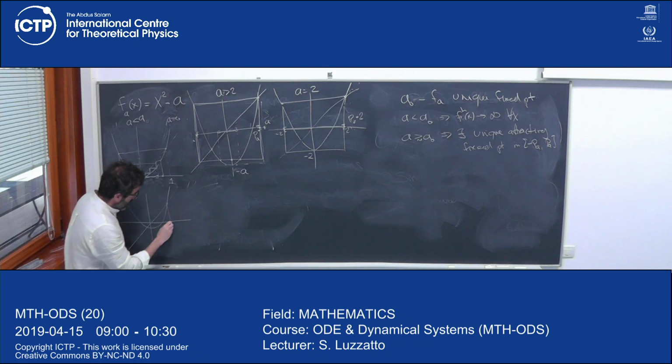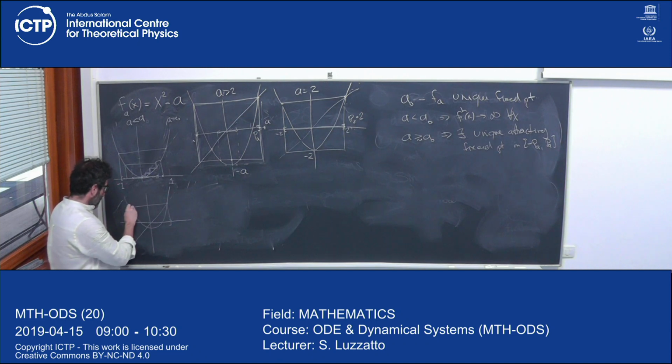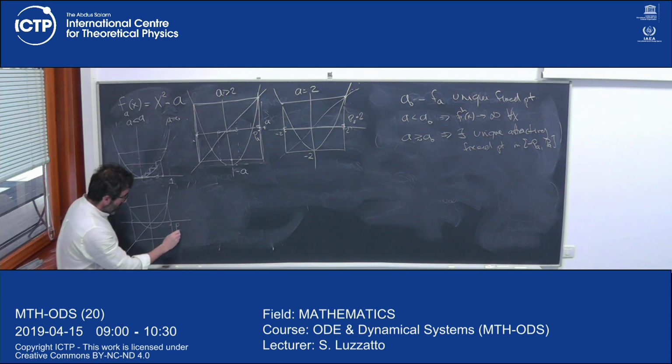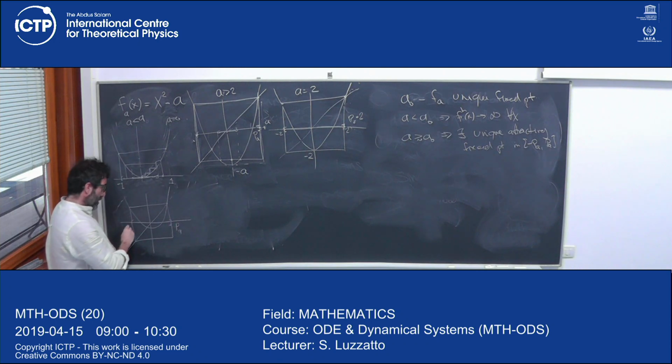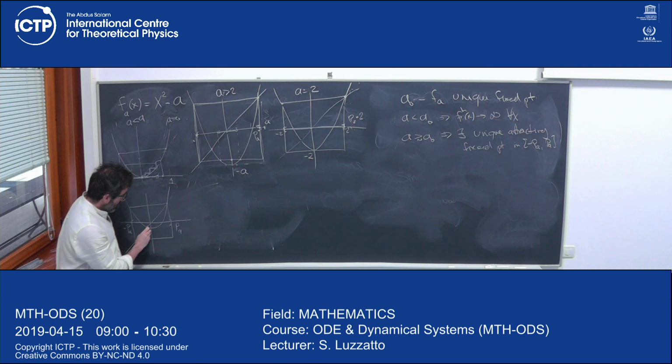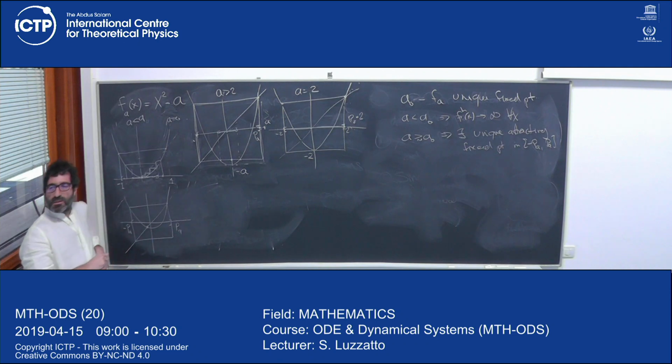there's still nothing. So this is P of A. This is minus P of A. This is the fixed point. What's the difference now between this situation and that situation?